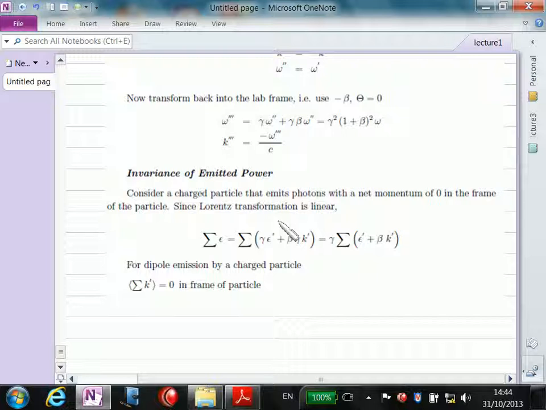If it's emitting isotropically in its own rest frame, and you have to say isotropically, then in any other frame it'll be emitting the same amount of power. Because now the photons in general will be more energetic.